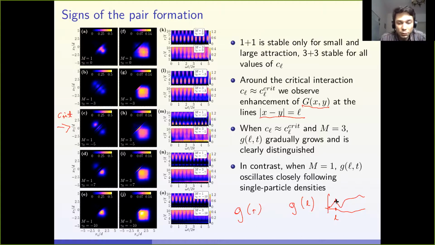So this is very close to that histogram that I was showing you. Okay, so this is another piece of evidence for molecules being formed in our system.